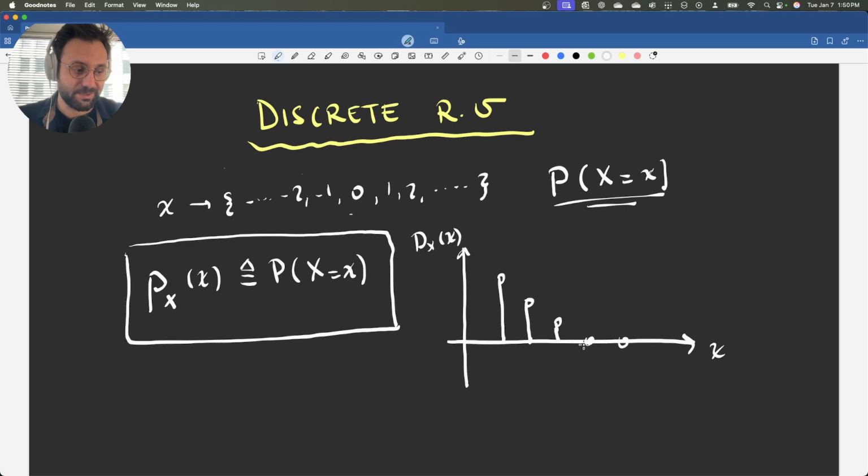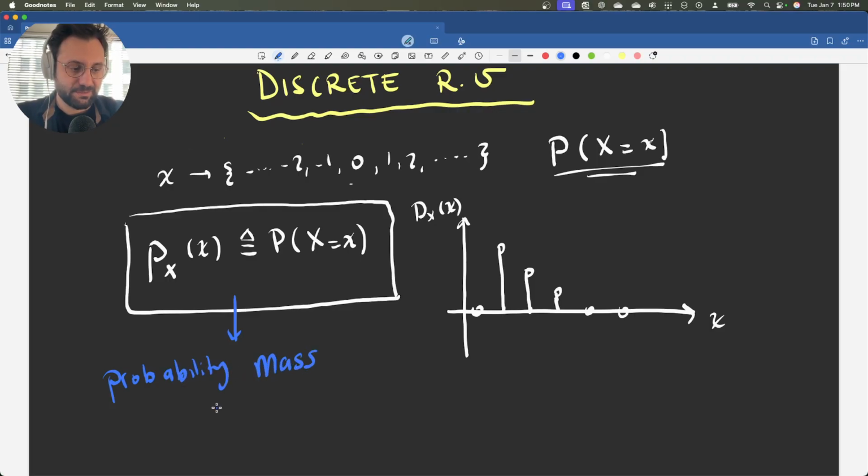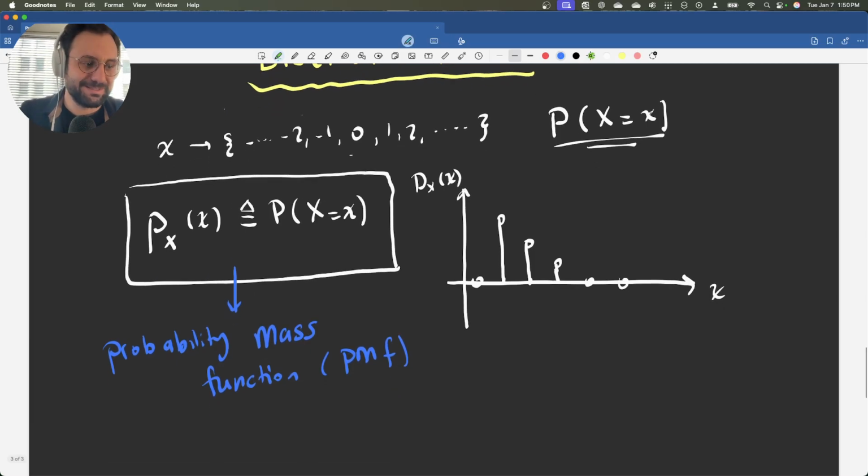So they can be 0, etc. This is what the function is, and the name for this function is the probability mass function. In short, it's PMF.